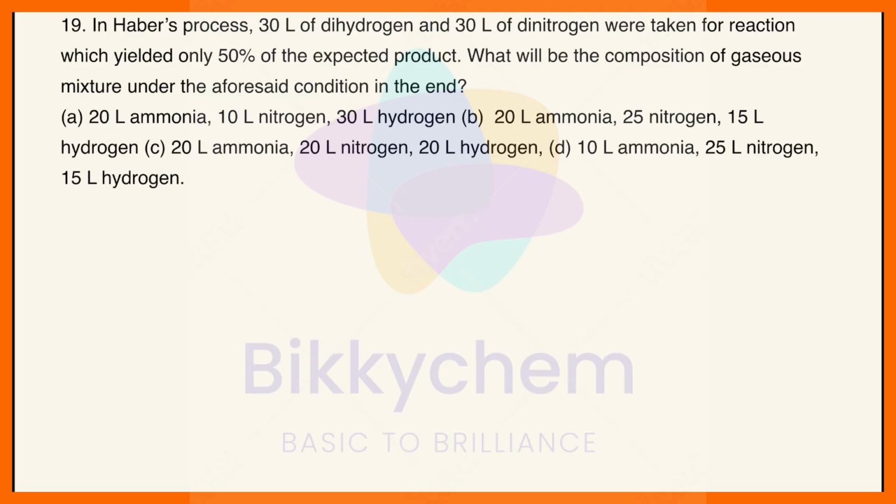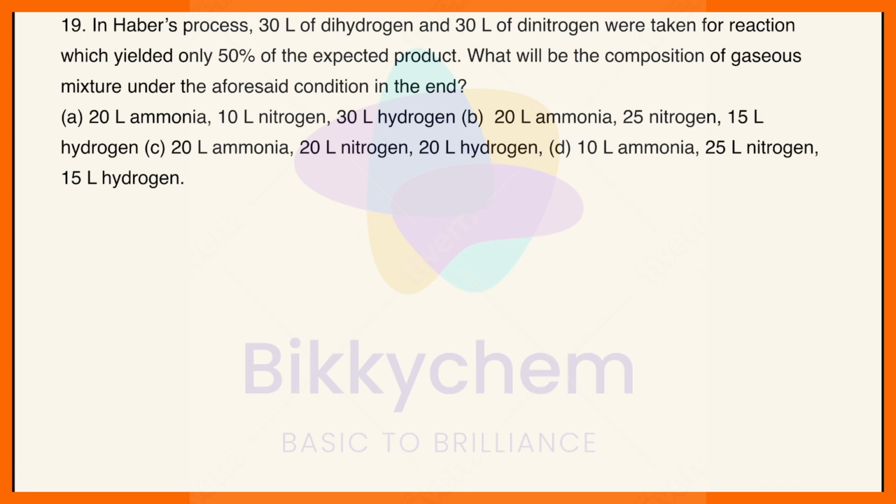Okay, let us see the next question. Here we have to find out the composition of the gaseous mixture under the given condition in the end. That is the Haber process, which is given here. 30 L of dihydrogen and 30 L of dinitrogen were taken for the reaction, which yielded only 50% of the expected product.